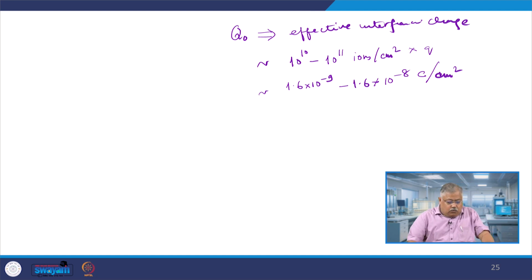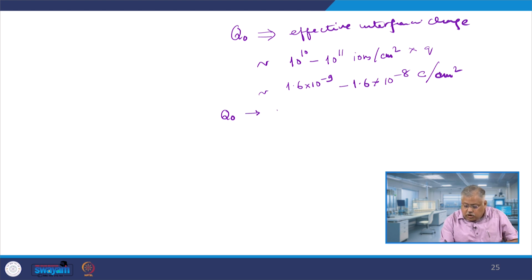Now, if you want to discharge this, then you have to apply an external bias whose value will be negative of what is stored here, so that these trap charges get nullified and the effective value is approximately equal to 0. Now, the charge Q0 will obviously cause minus Q0 to appear in the system.